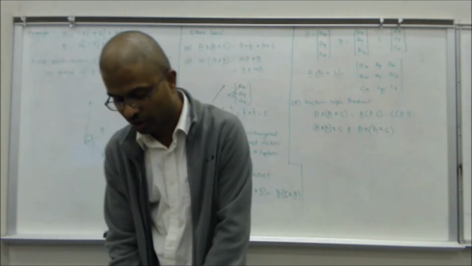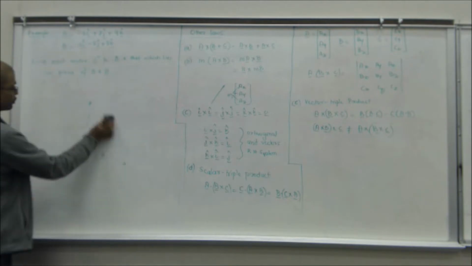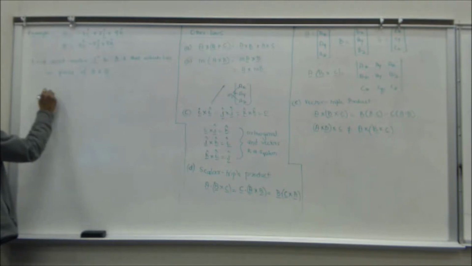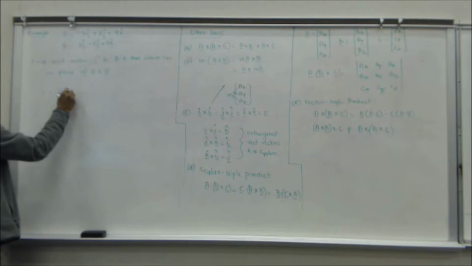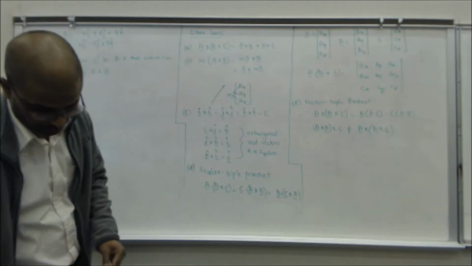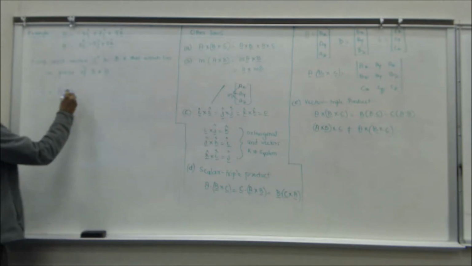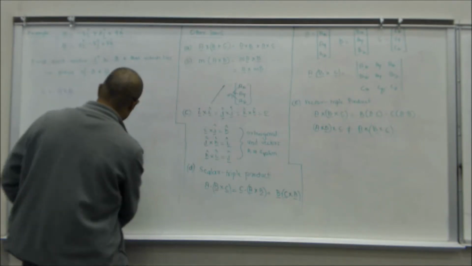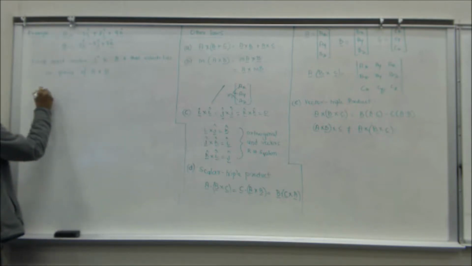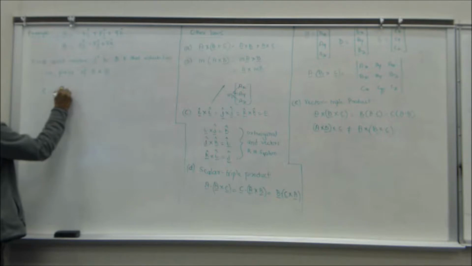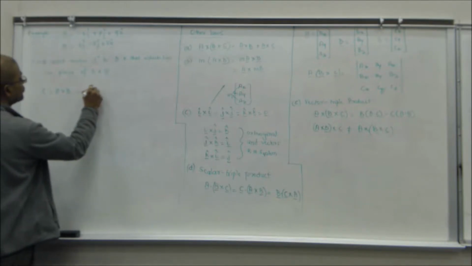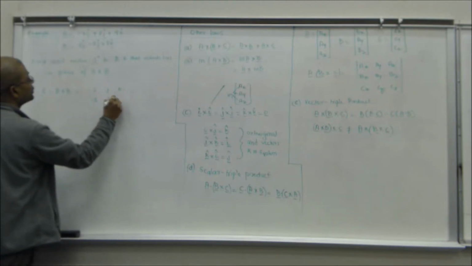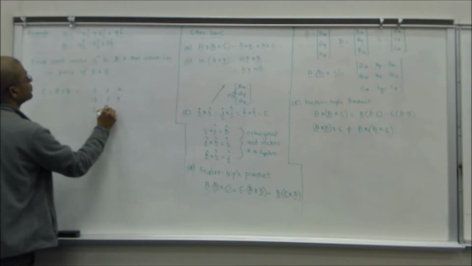So now, how do you write down the math operation? First you do, let's say, a temporary vector C, which is equal to, let's say, A cross D. So this would be I, J, K, minus 3, 7, 9, 6, 5, 8.